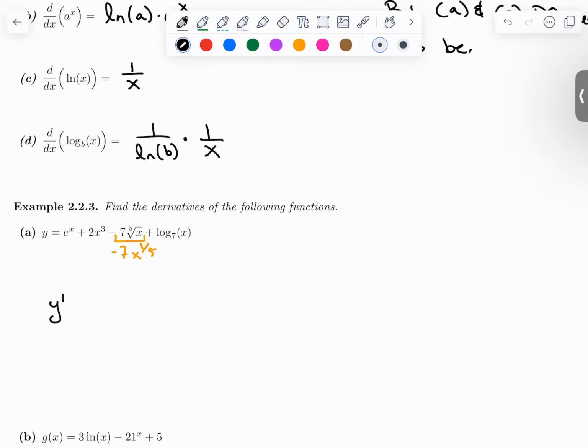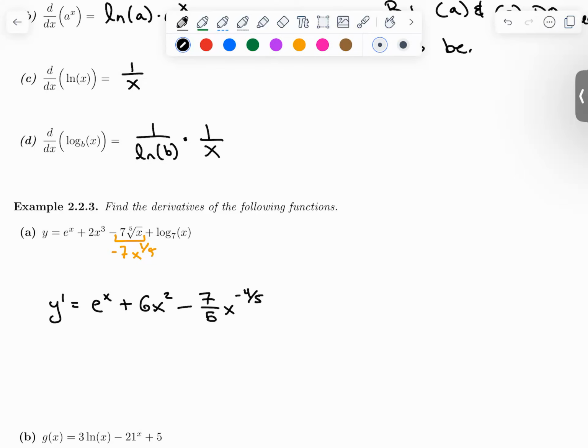y prime, or dy/dx, however you want to write it. The derivative of e to the x is itself, e to the x. Derivative of 2x cubed should be 6x squared. The derivative of negative 7 times x to the 1/5 should be negative 7/5 x to the negative 4/5.